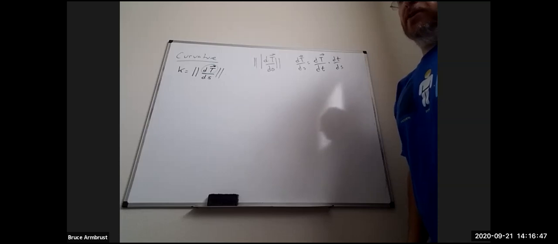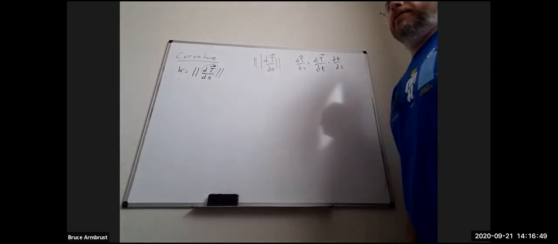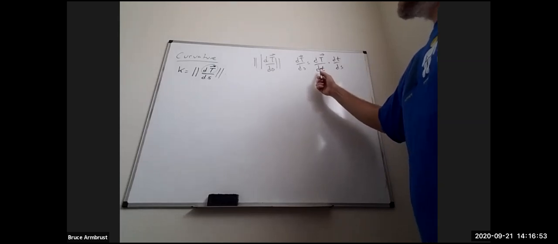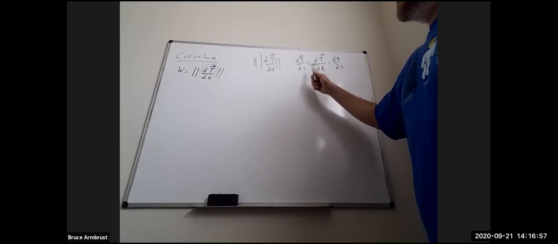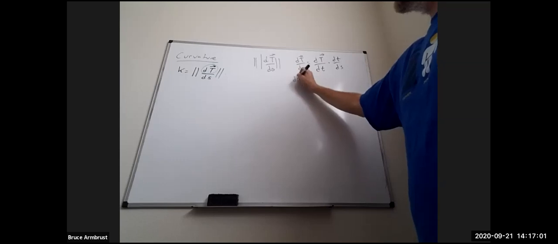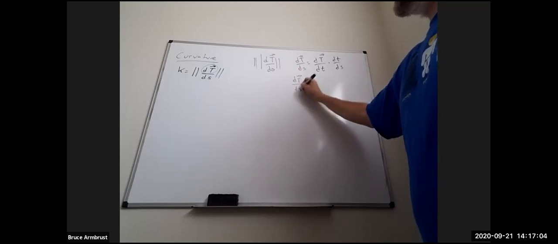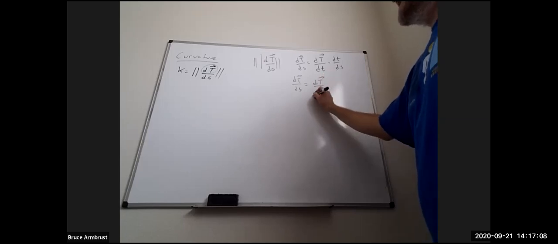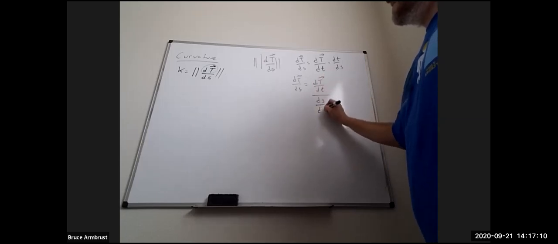So hopefully you remember the chain rule stuff. So what we can do is actually rewrite this as dT/dt over ds/dt.